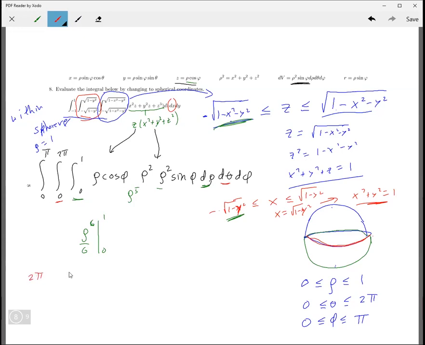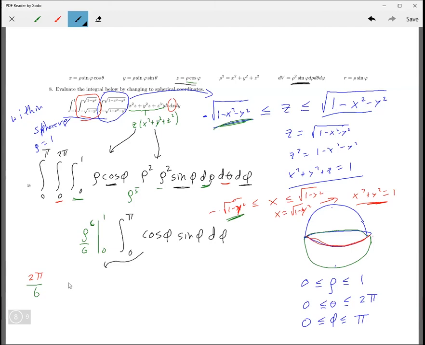So this is going to be 2 pi, the thetas, and this is going to give you 1/6. So you got 2 pi over 6. And then what's left is integrating from 0 to pi of cosine phi, sine phi, d phi. I'm sorry, that's from 0 to pi.